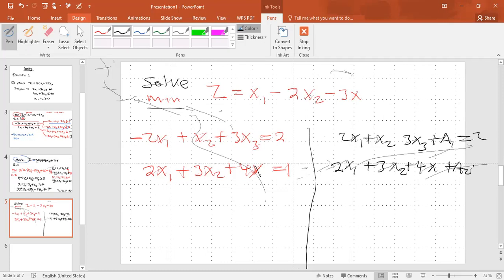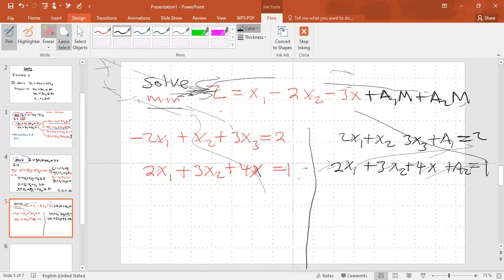Then you add A1 with the big M plus A2 with the big M like this. Then you put it in the table the way we standardize in the table.